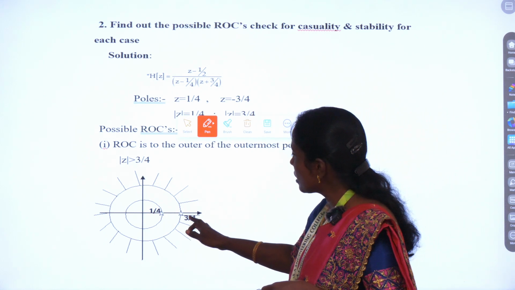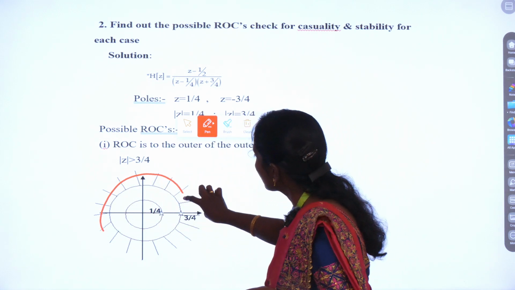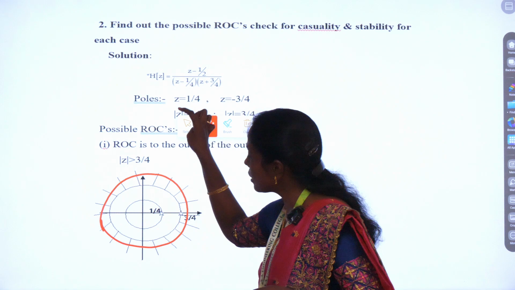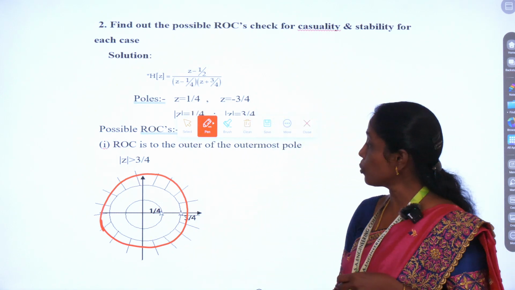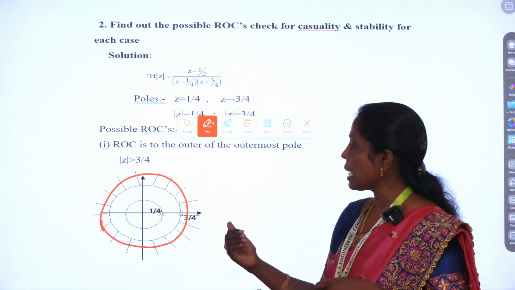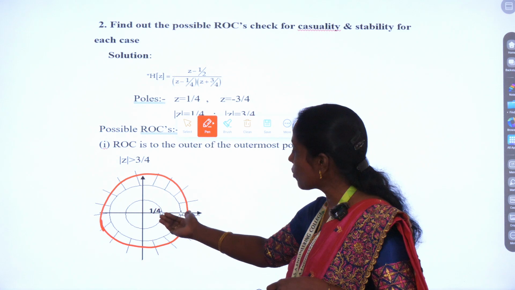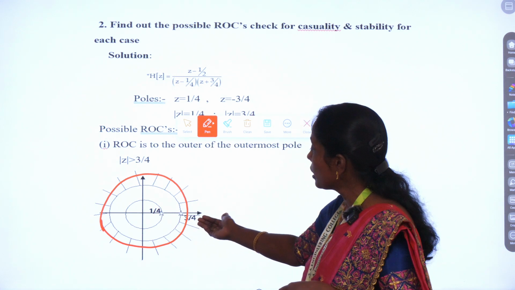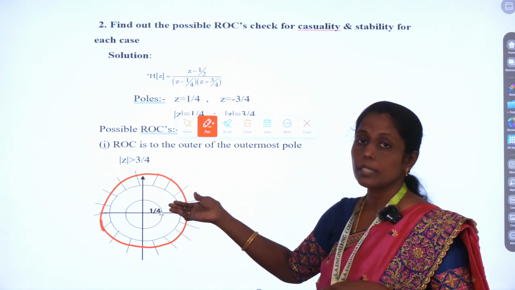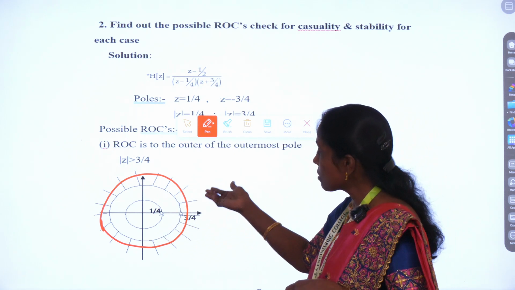This is the circle of radius 3 by 4, and obviously the unit circle should lie here. So this is the unit circle. See, our ROC covers this unit circle, and the pole values 1 by 4 and 3 by 4 are smaller than 1. So we can say the system is a stable one.